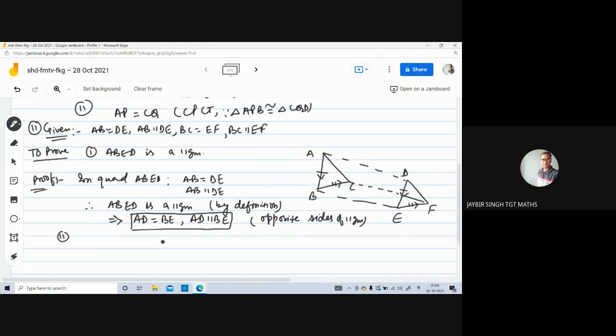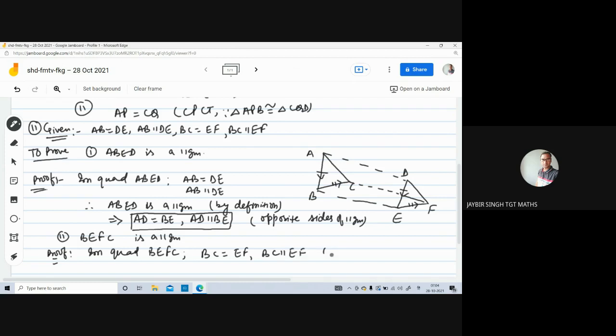Now second part you have to prove. Second part is BEFC. BEFC is a parallelogram. Again the same thing we are having. Proof of this BEFC. You can see in quadrilateral BEFC, BC is equal to EF and BC parallel to EF.